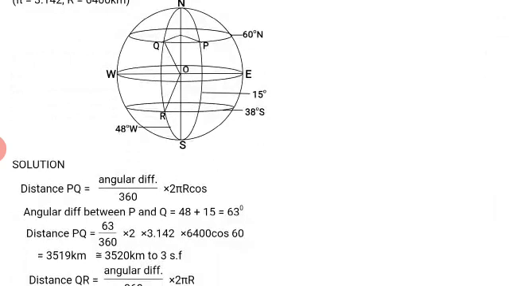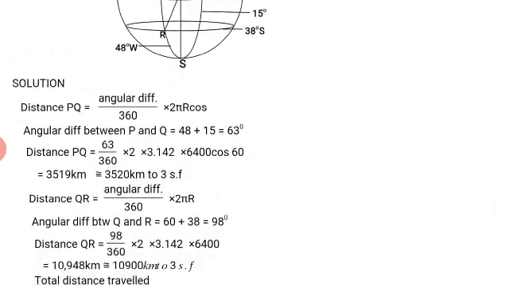Hence, distance PQ is given as 63 over 360 times 2 times 3.142 times 6,400 times cos 60 degrees, 60 degrees being the angle of the latitude on which we have Q and P. So we have, by calculation, the distance to be equal to 3,519 kilometers, approximately 3,520 kilometers to 3 significant figures. That is the first question.